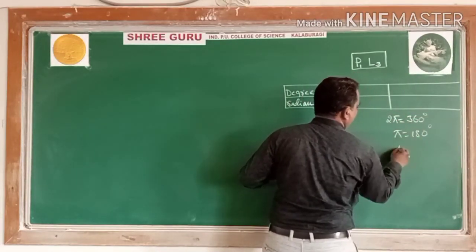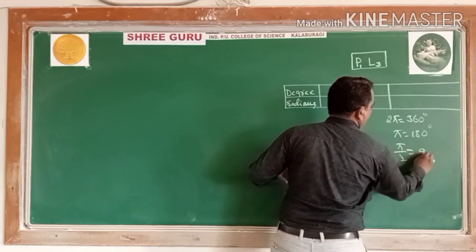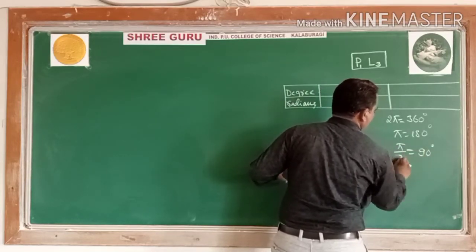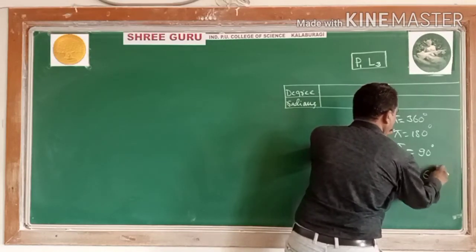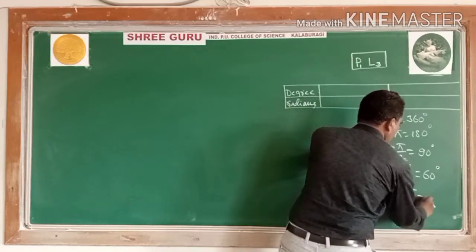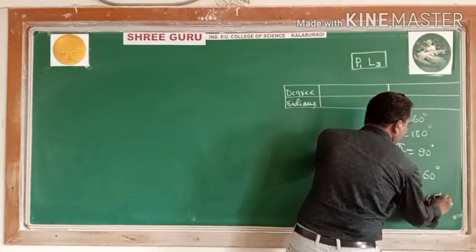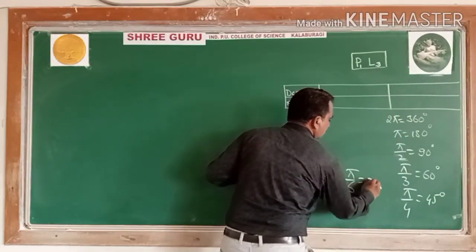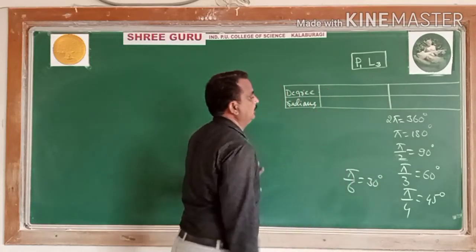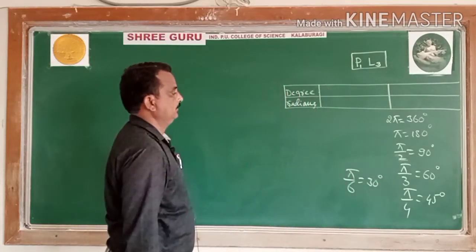Pi is 180. Pi by 2 is 90 degrees, half of this one. Pi by 3, make it 3 parts, 60 degrees. Make it 4 parts, how much is it? 45 degrees. Make it 6 parts, 30 degrees. Like that it is.